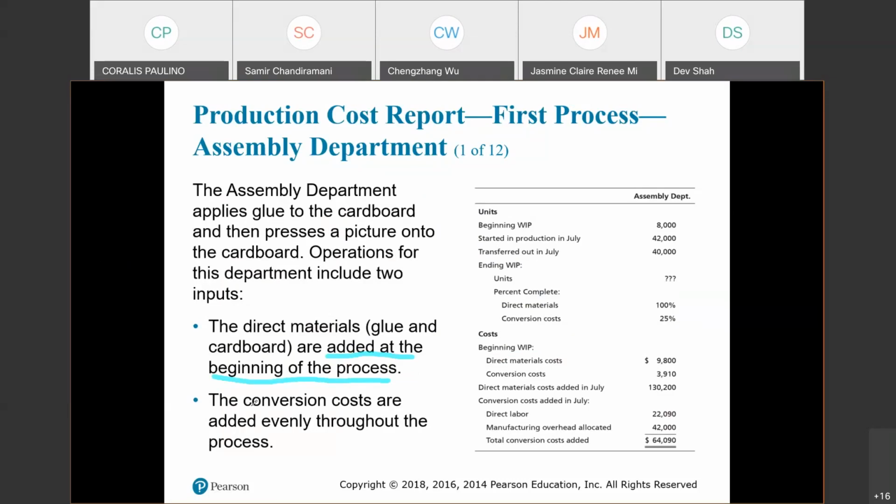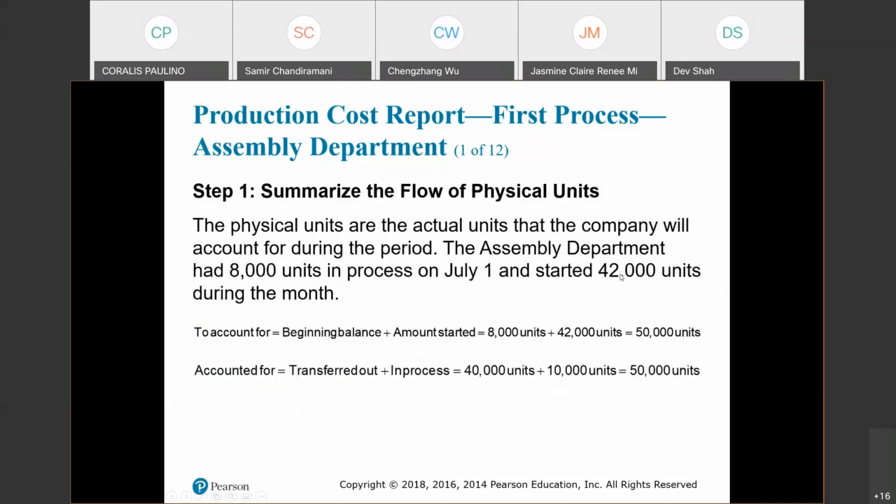And for the conversion costs, they were added evenly throughout the process.